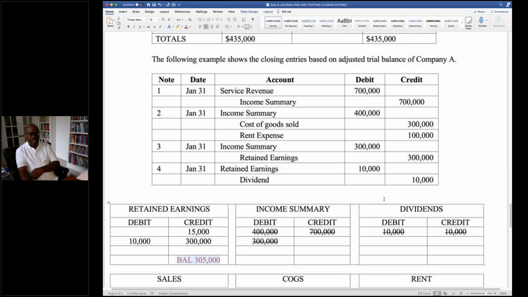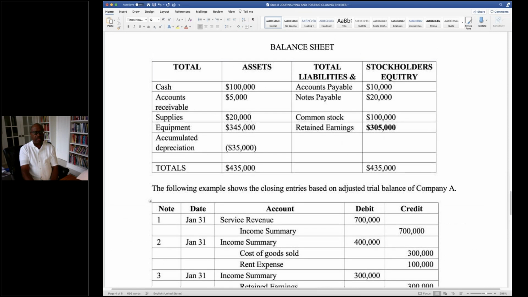So as you're working on your problems, you of course are going to go and post these to the T accounts and do these same strikes and come up with your closing entry. Every company in the world closes out its temporary accounts.